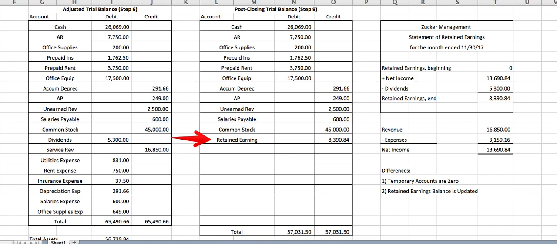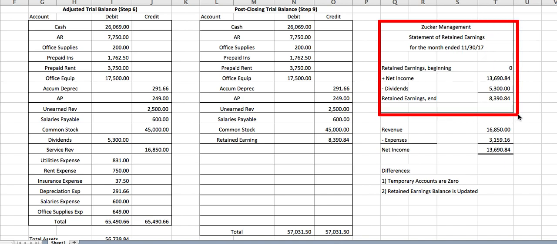Now, where did this number come from? If you recall from our last class, we put together the statement of retained earnings, and this is what that statement of retained earnings looked like. Okay? We had our beginning retained earnings, which was zero, because as I said, if you look in the adjusted trial balance, there was no retained earnings balance.